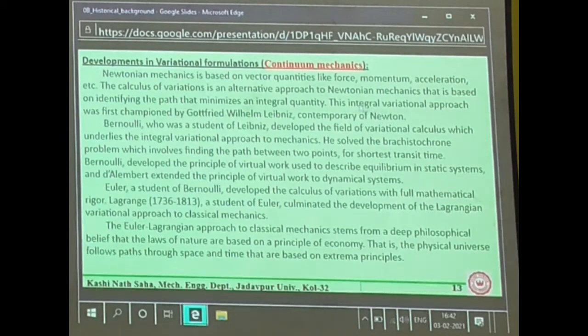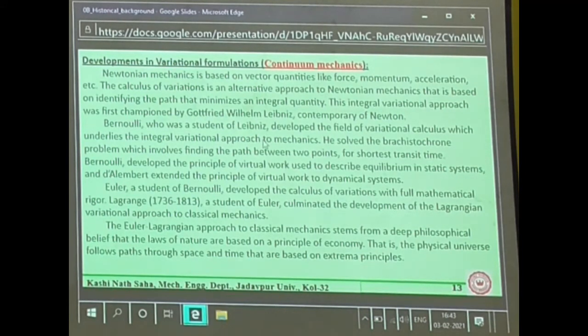But there was a group of scientists who thought of something that minimizes an integral quantity. This integral quantity encompasses the force, and you can take displacement, velocity, acceleration, whatever. Ultimately it gives that energy. And you are conserving something, so this minimization is a conservation principle, right? You are using the principle of conservation of energy in some form.